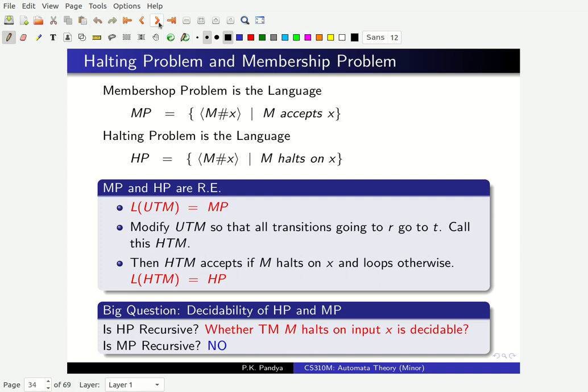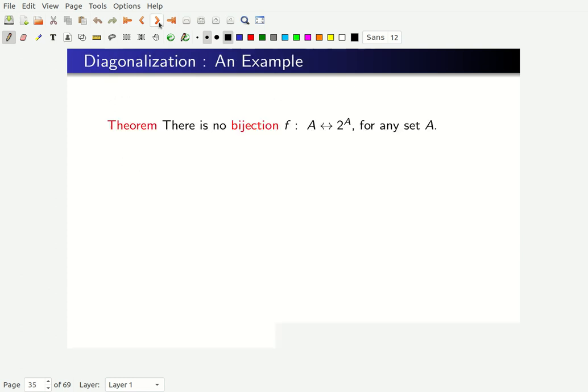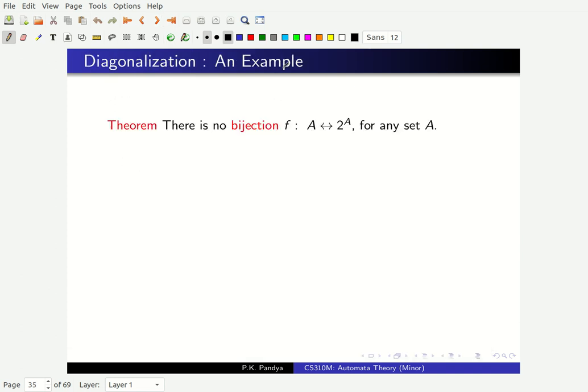Now, the technique which is used to establish this is called diagonalization, and diagonalization has been used for showing the impossibility of several things in mathematics. We are trying to show that there is no total Turing machine which accepts the language HP, and for that we will use this technique of diagonalization.